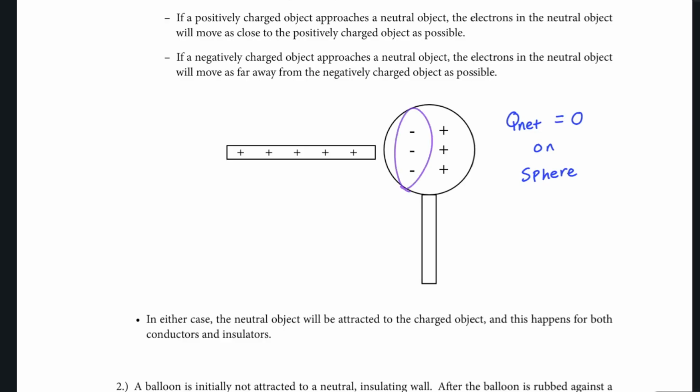Because these negative charge carriers will be attracted to the rod like this. So there will be a net attractive force, because even though there might be equal charges over here, that is a greater distance away, so the net force is going to be attractive still. So this is true in every scenario with polarization, that you do get a net attractive force. And it would be equal and opposite via Newton's third law.